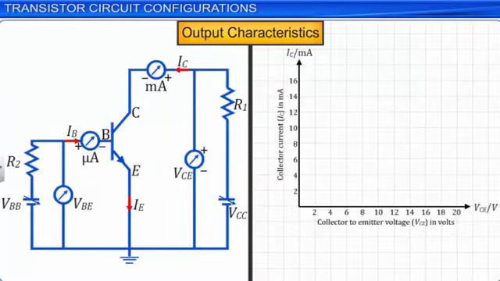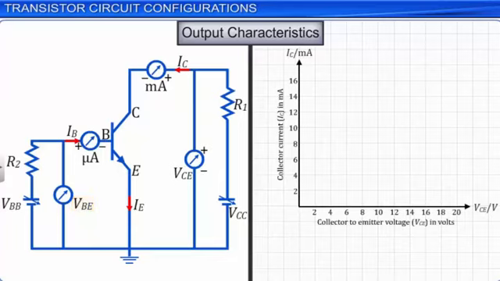The output characteristics of an NPN transistor in common emitter configuration can be studied by plotting the collector current, IC, against the collector emitter voltage, VCE, at a constant base current, IB. Since the base emitter junction is in forward bias, a small increase in the base emitter voltage, VBE, increases the hole current from the emitter and the electron current from the base.